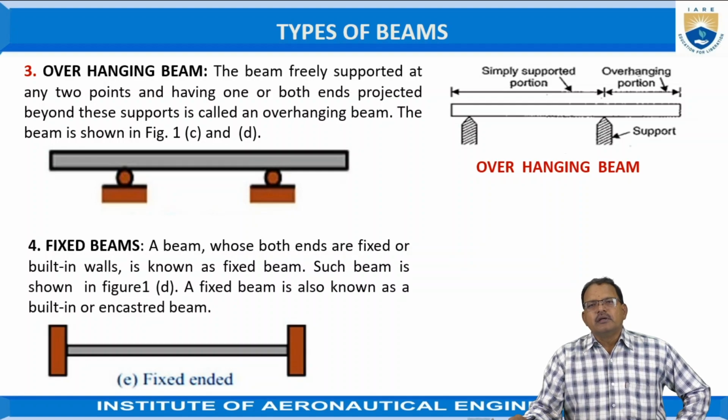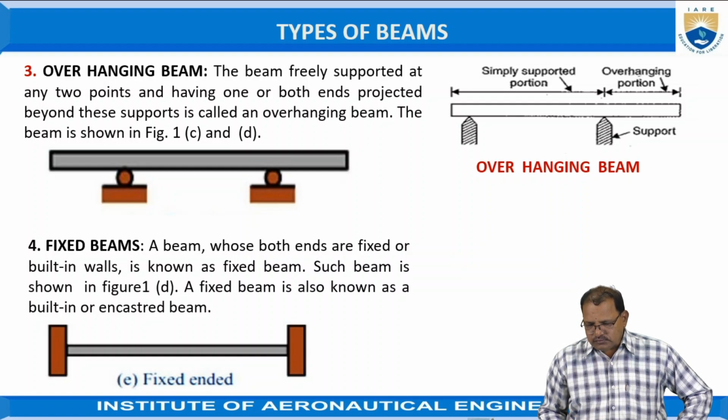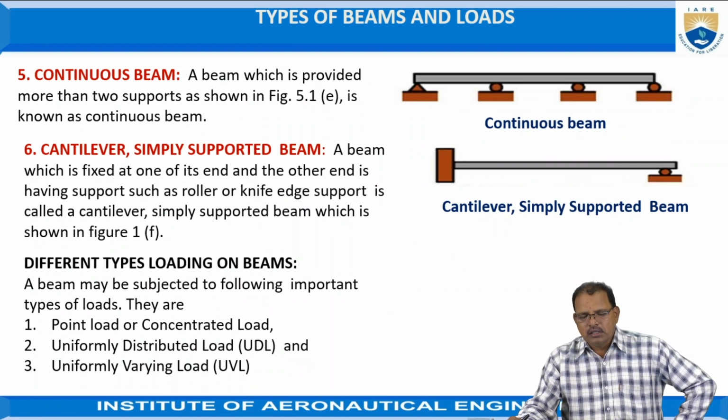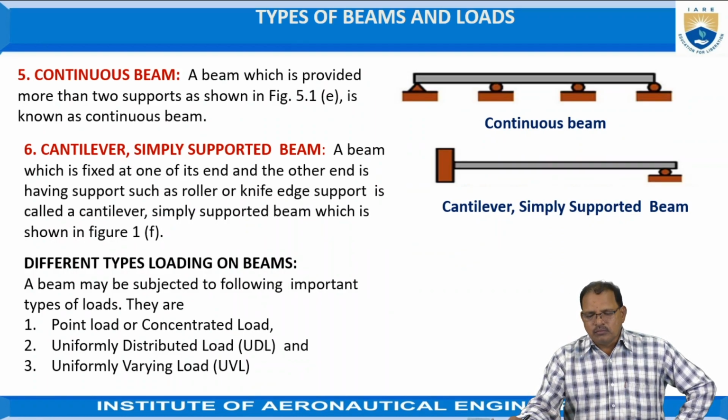Fixed beams: if the two ends of the beam are fixed in built-in walls, it is known as a fixed beam, also known as a built-in or encastre beam. Continuous beams: a beam which has more than two supports along its span is known as a continuous beam.